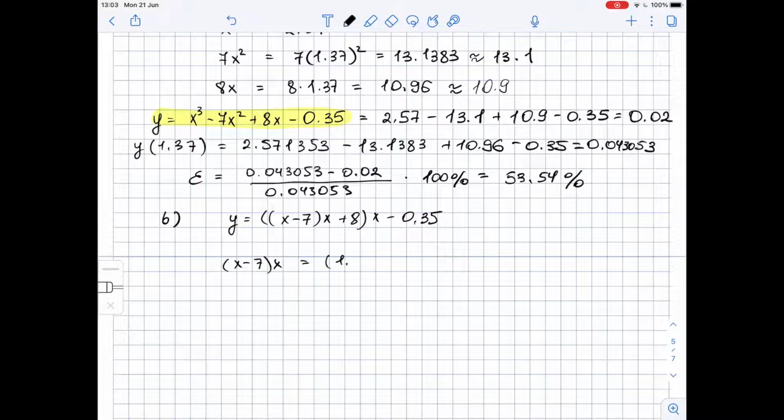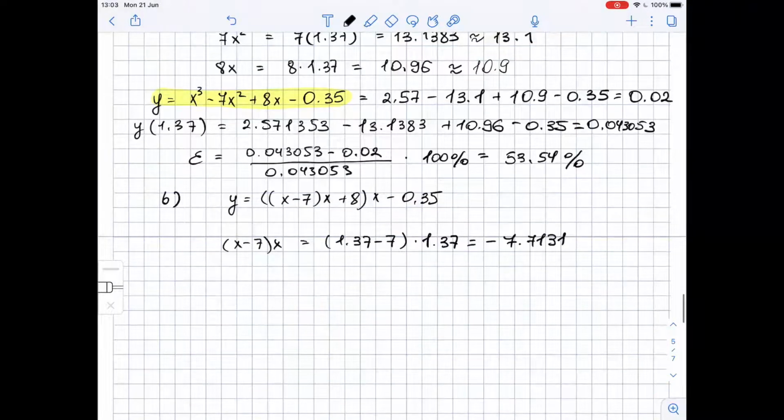This equals 1.37 minus 7 times 1.37, and this equals negative 7.7131. Again, we do 3-digit chopping and we get that this equals negative 7.71.